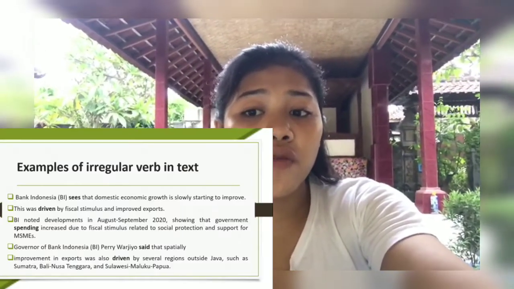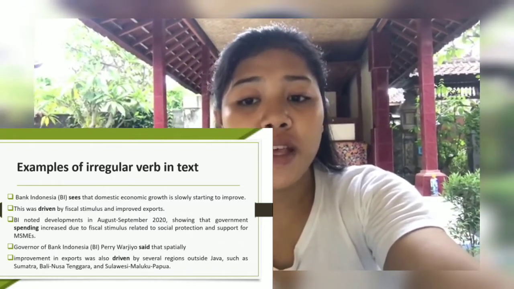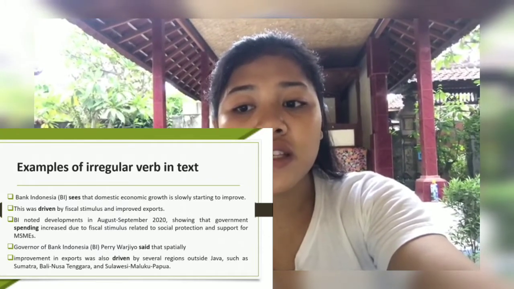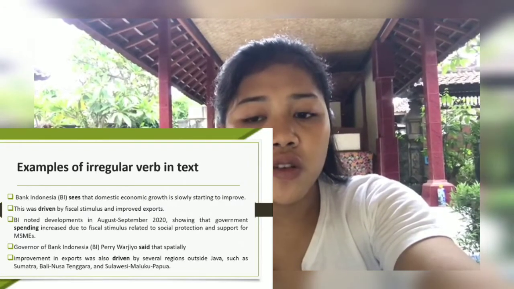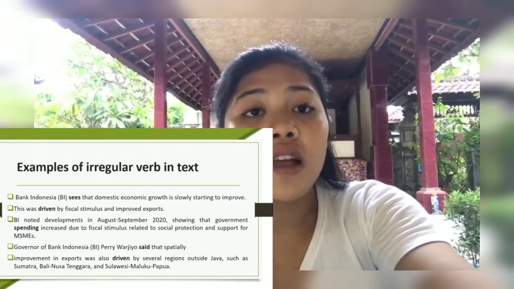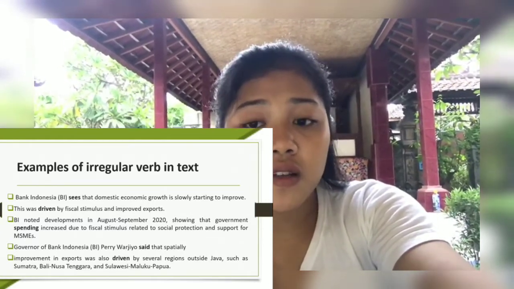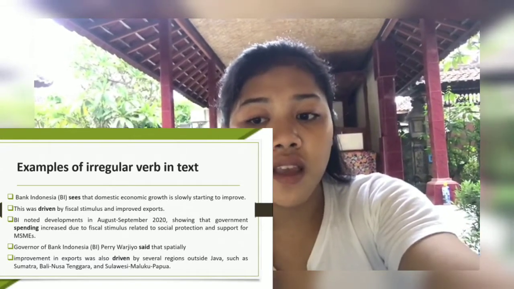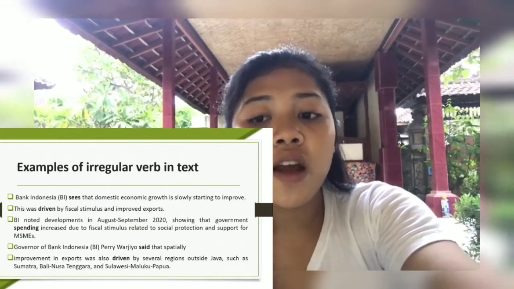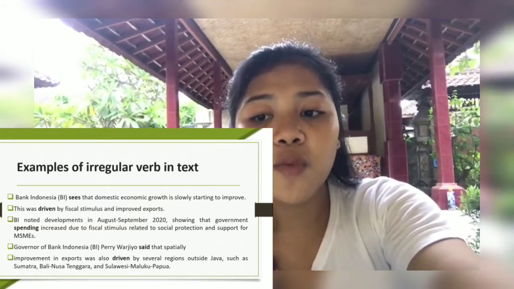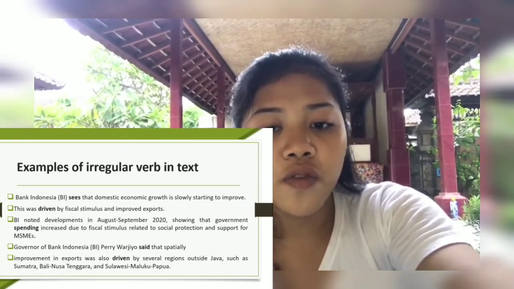Examples of irregular verbs in text. 1. Bank Indonesia says that domestic economic growth is slowly starting to improve. 2. This was driven by fiscal stimulus and improved export. 3. Bank Indonesia notes development in August-September 2020, showing that government spending increased due to fiscal stimulus related to social protection and support for MSMEs. 4.